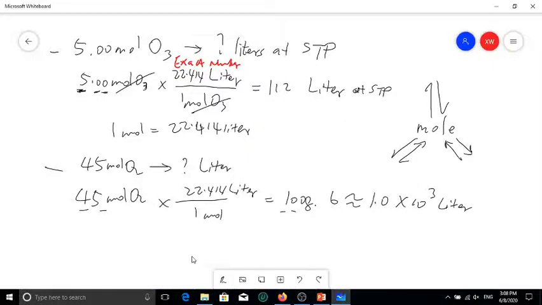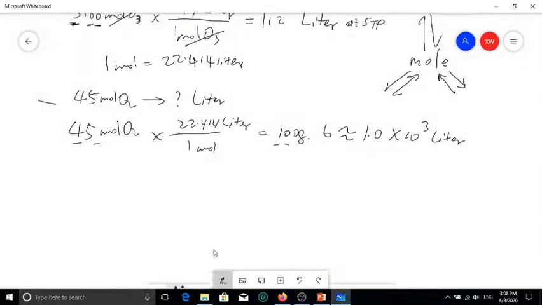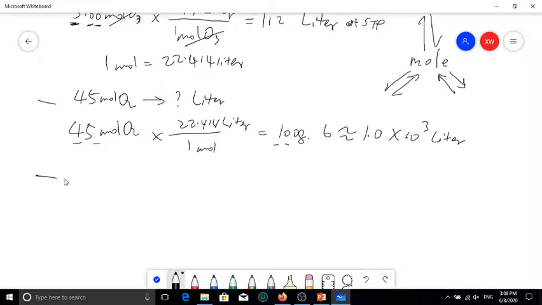All right, so let's take a look at another one. Now, if you have 3,067 grams of CH4 gas, can you find how many liters at STP?